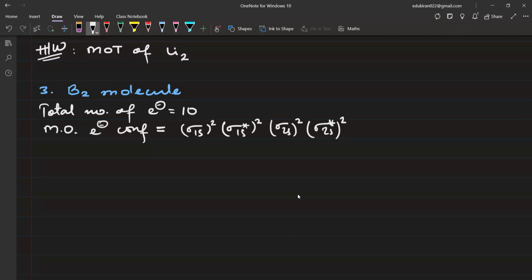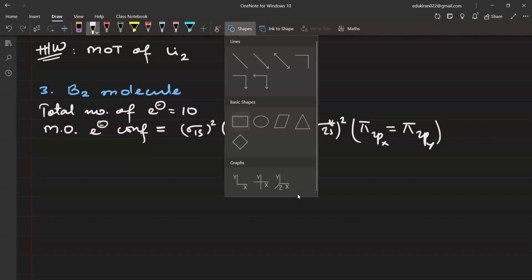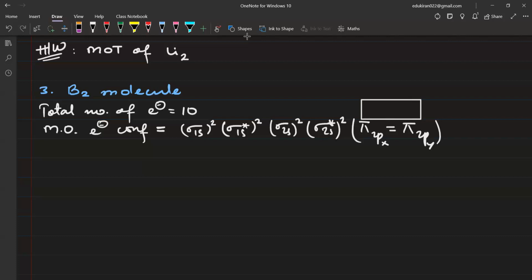Now what will come? क्या आएगा इसके बाद? हाँ जी, pi, भूल गए। pi 2px, which is equal to, ये साथ में आते हैं ना, pi 2py, ठीक है। अब सुनिए जरा यहाँ पे, when they are having equal energies, तो obviously वो कुछ इस तरह से ऑर्बिटल हो गया उनका, जैसे p के तीनों के सेम होते हैं ना, तो p के हम लोग इस तरह से लिखते हैं, तीन ऑर्बिटल के सेम। अब इनका दोनों का सेम है, तो will they are like this, करेक्ट है? अब we have to fill how many?